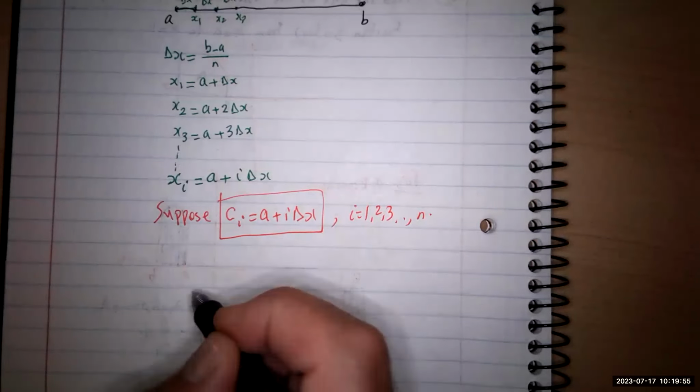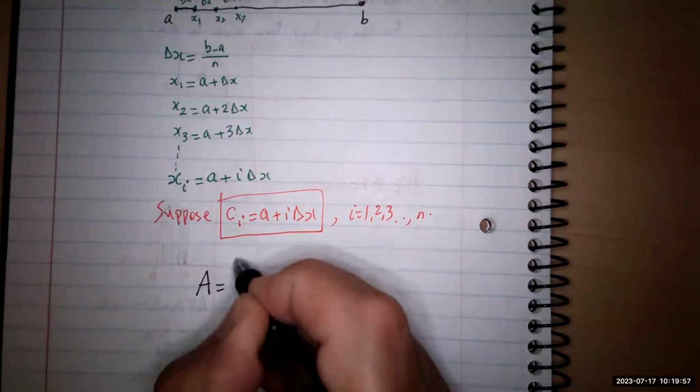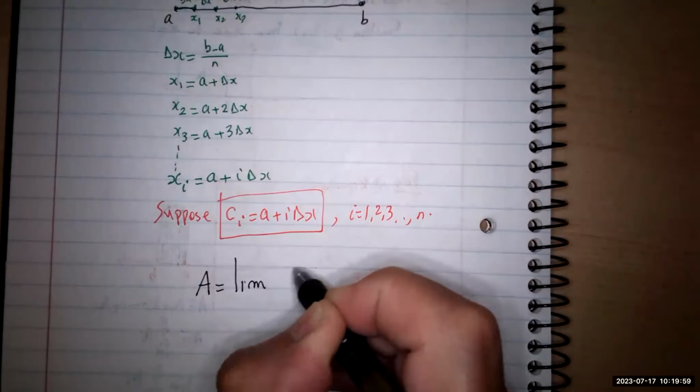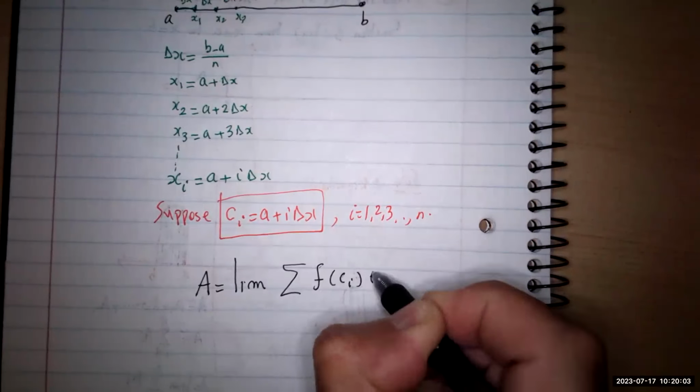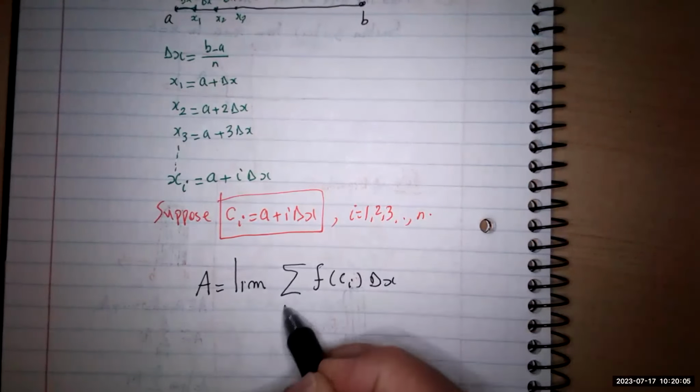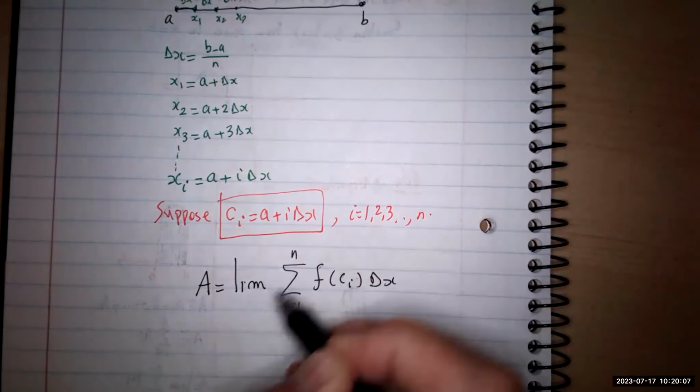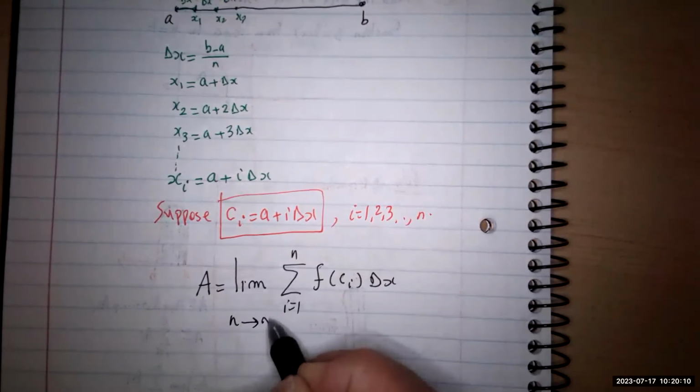You see, the area so far is the limit of the sigma of f of ci delta x, i from 1 to n goes to infinity.